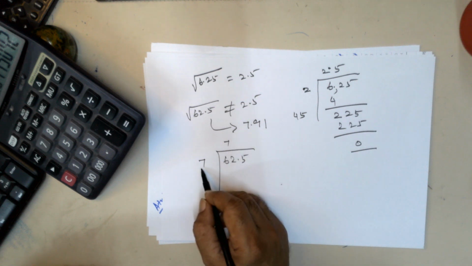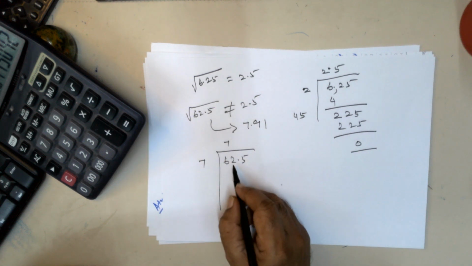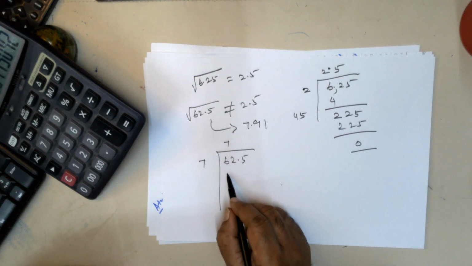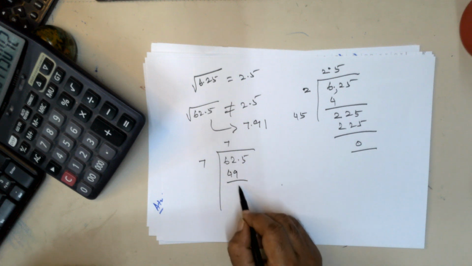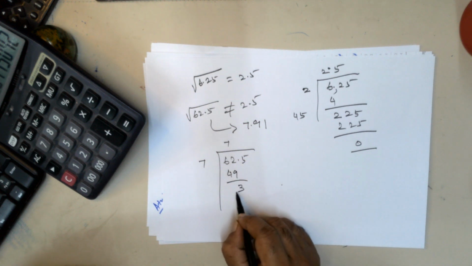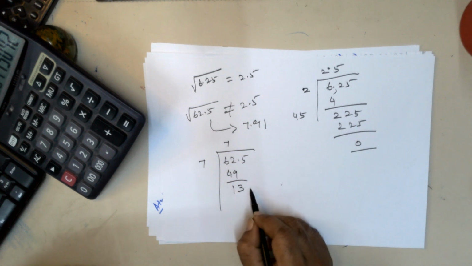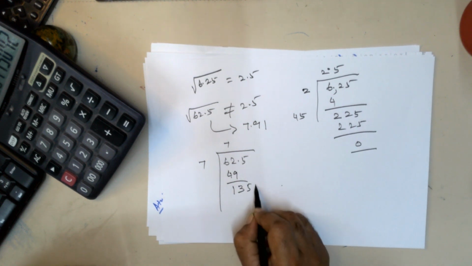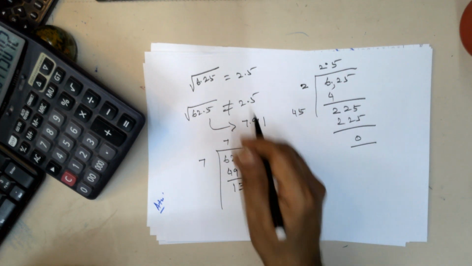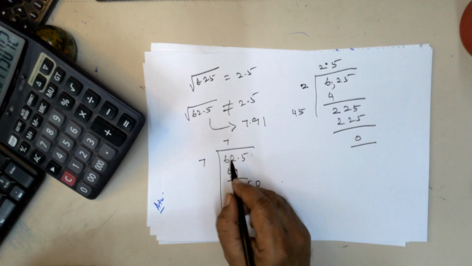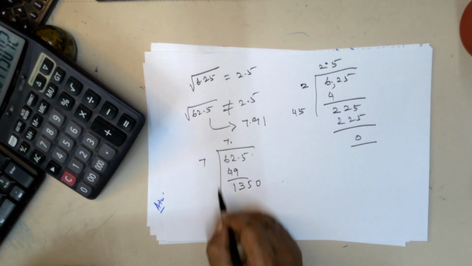So I have to consider 7, the whole number only. 7 7s are 49. What is the balance? 12 minus 9, 3. Here 5 minus 4, 1. Now I must drop 2 digits. It is understood that you have got 0. Every time you have to drop 2 digits, and it's already after the decimal, so you can put the decimal.